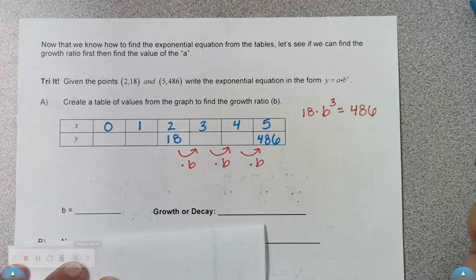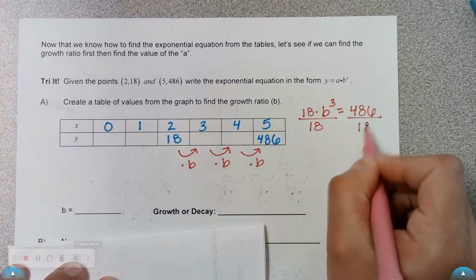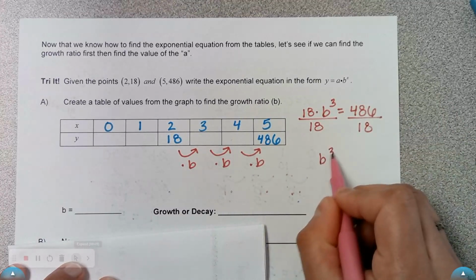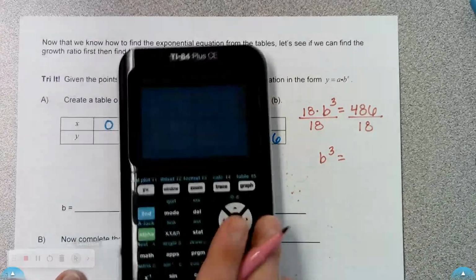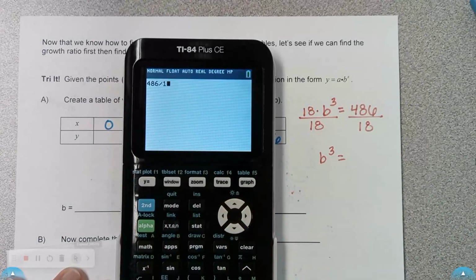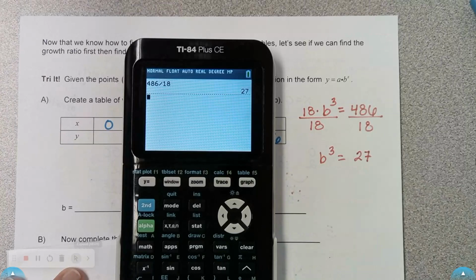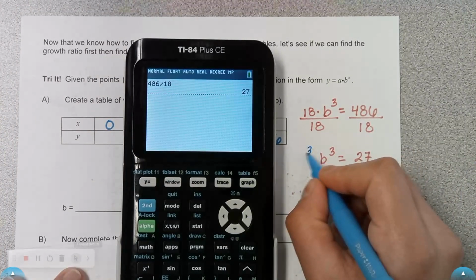And then you do the same process we did on the first page to figure out what b is. So I'm going to divide by 18. I get b to the third power equals 27. Then I just want 1b and I currently have 3, so I have to take the third root.